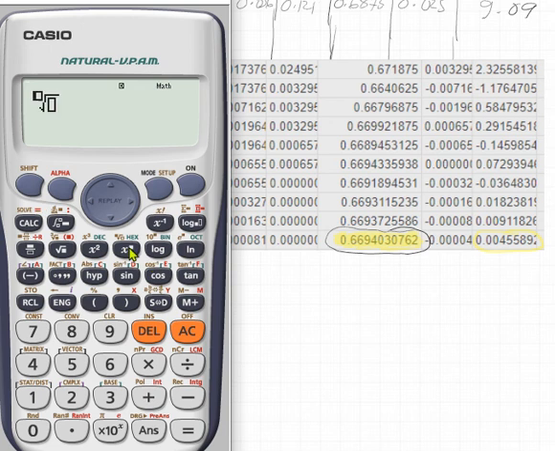Cube root of 0.3. 0.6694329501. So if we count our number of significant figures, 0, 6, 6, 9. So that's 4. So we only need 0.669 so that we can say that our answer is accurate. So if you look at our answer is 0.669, so that's accurate.